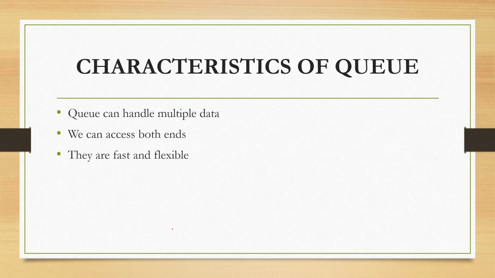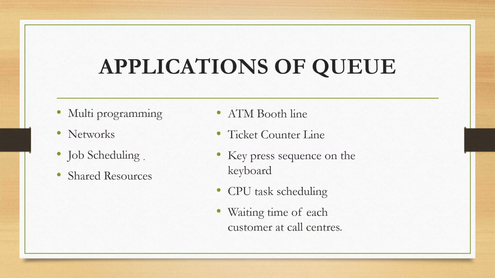What is the characteristic of the queue? Using a queue data structure helps us handle multiple data. We can access both the ends, and it is fast and flexible to use in our applications.